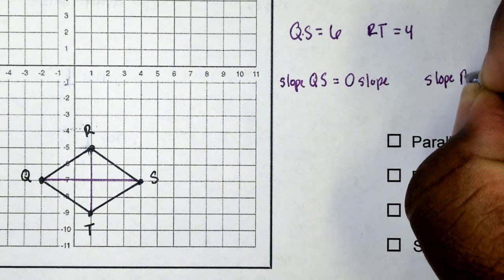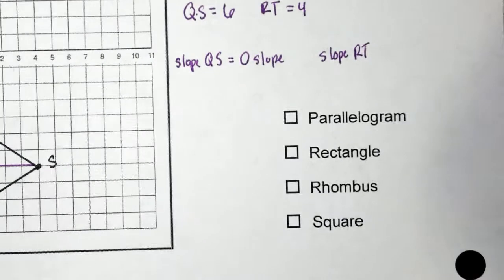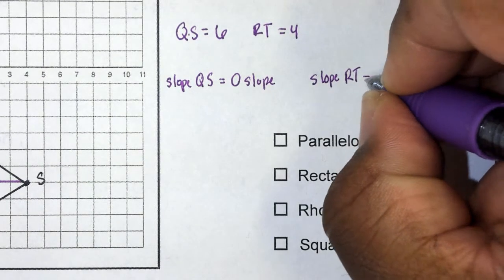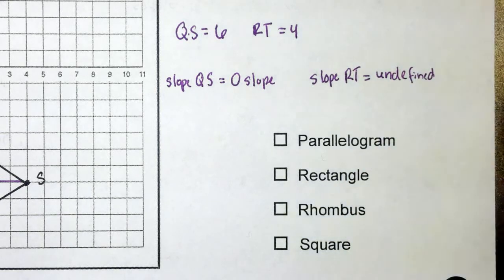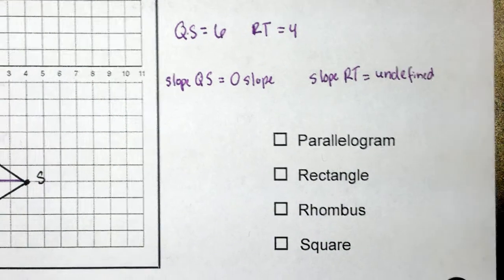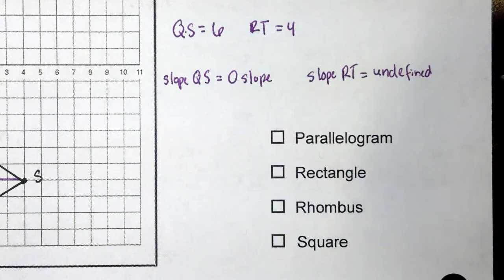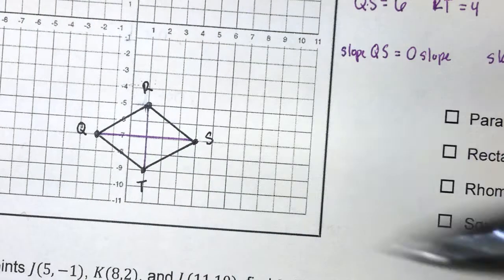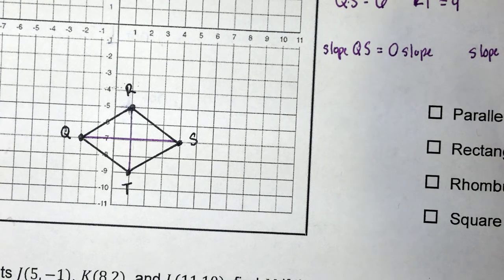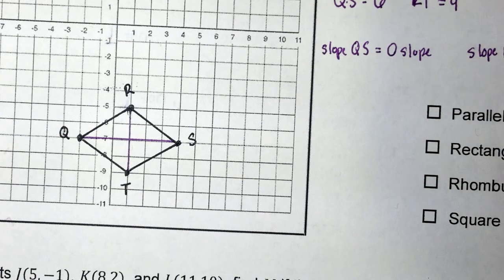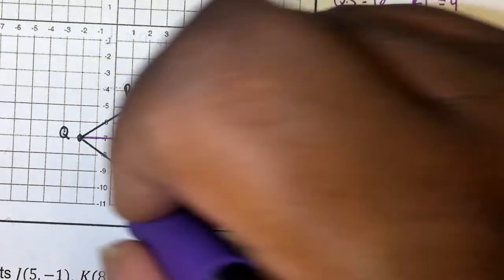I can't hear you. No, not 0. Undefined, because one is horizontal and one is vertical. I'm just messing around with y'all to see if y'all remember these words, but you should know just by looking at this. Are the slopes perpendicular? Yeah, they're perpendicular. You don't see the right angles?